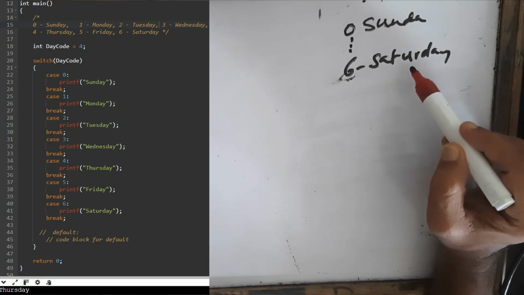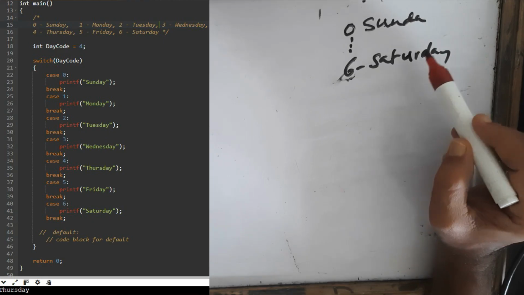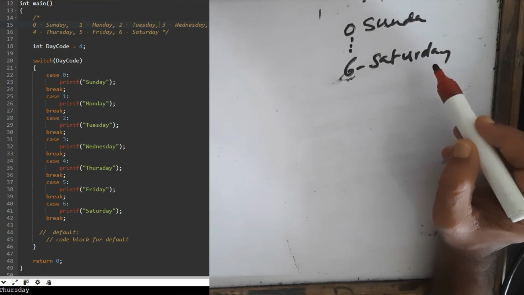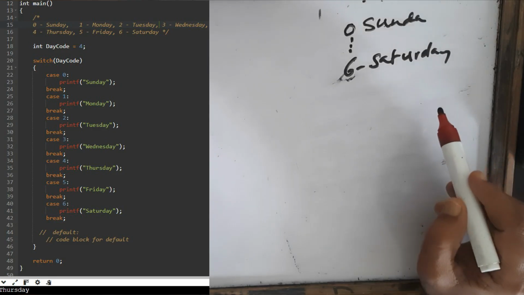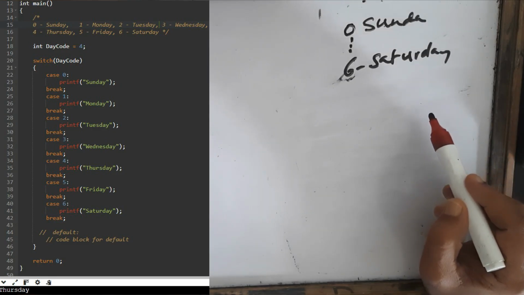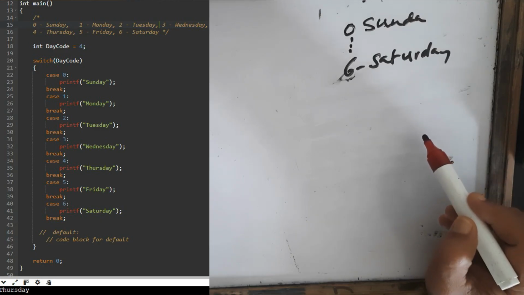So you can see I have declared a day code, and day code is 4 here. Switching on day code, we have a set of examples here for each case. The respective day is there. So for case 0, Sunday will be printed. For case 1, Monday, like this. It goes on and it will print Saturday for 6.